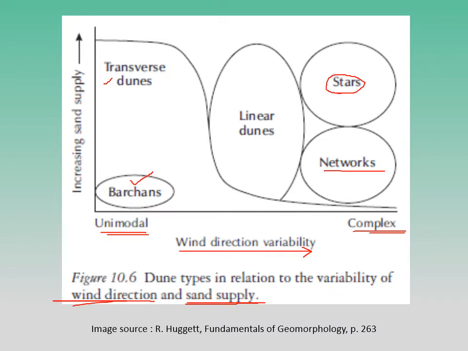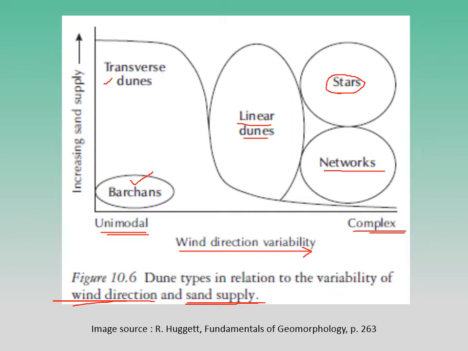So you can see that the dune forms change in a sharp way with variation in wind direction as well as the amount of sand supply. With the same direction of wind, simply by changing the amount of sand supply, you can get different types of dune forms.